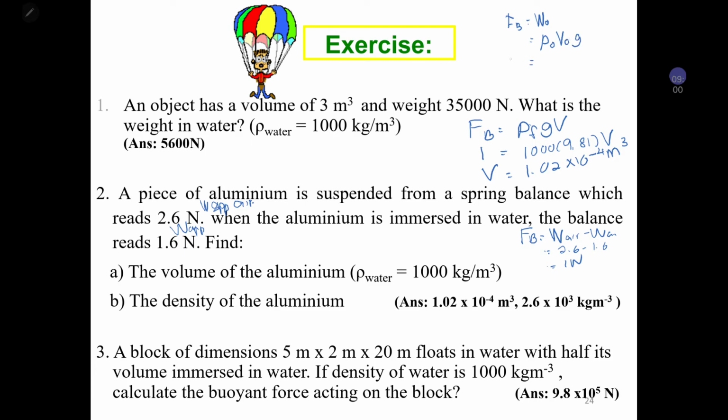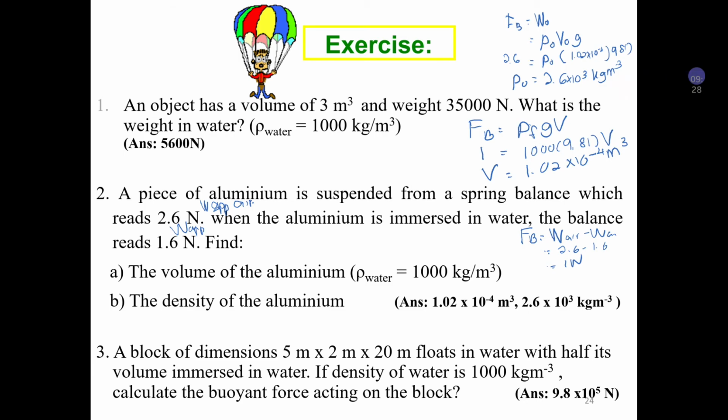Okay, so sama dengan 2.6. Rho object, rho bagi aluminium kita nak cari, kita tak tahu. Volume kita dah tahu tadi 1.02 kali 10 kuasa negatif 4 darab dengan 9.81. So akan dapat density bagi aluminium adalah 2.6 kali 10 kuasa 3 kg m negatif 3.